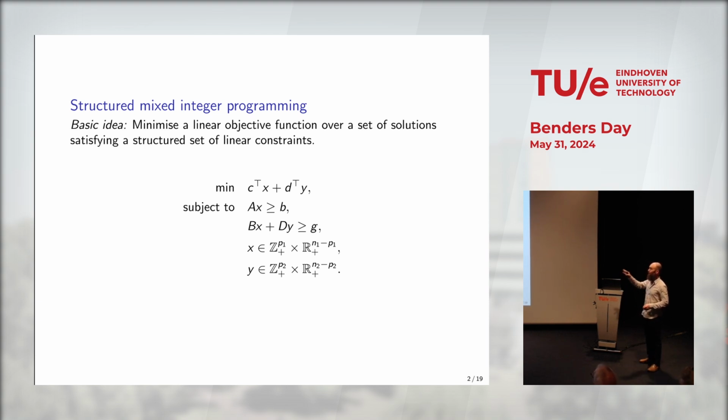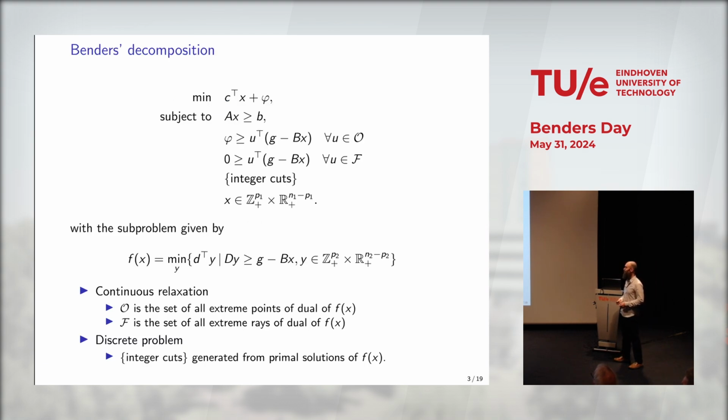From this basic setup for a structured mixed integer program, we all know how to get to the Benders decomposition. We have the master problem at the top, where we've taken all the y's out, so we can write this completely in x. Then we have our subproblem, which is completely in y, with a fixed x.